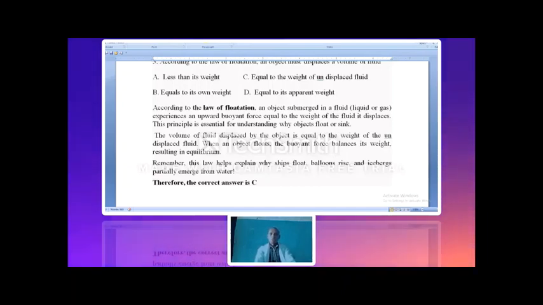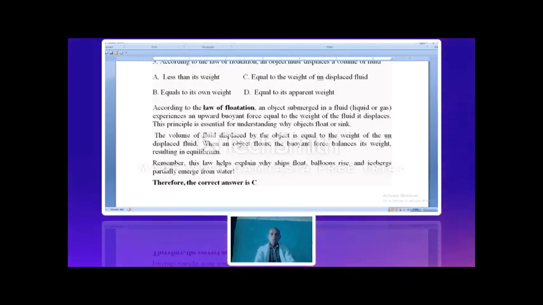The weight of the fluid displaced by the object is equal to the object's weight when the object floats. The buoyant force balances its weight. Remember that this law explains why ships float, balloons rise, and icebergs partially emerge from the water. So the correct answer is C. C says that equal to the weight of the displaced fluid.